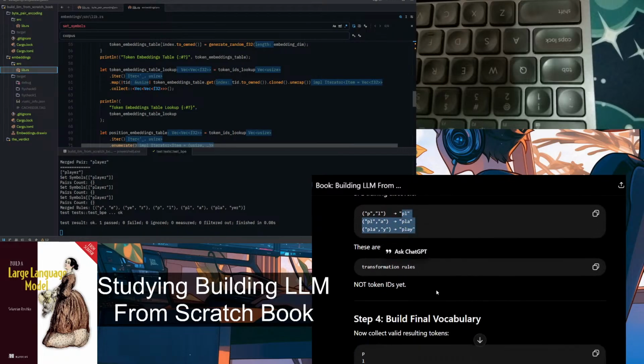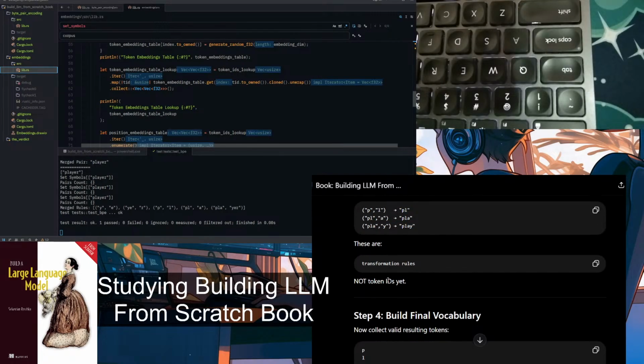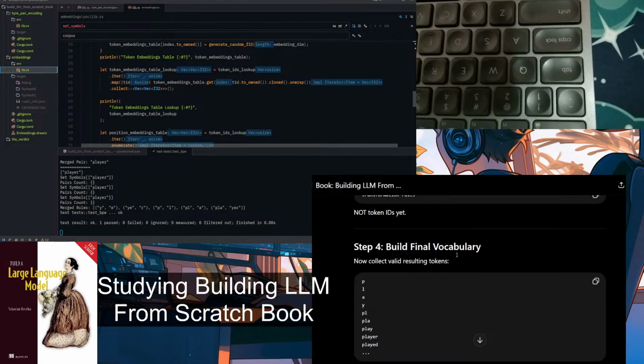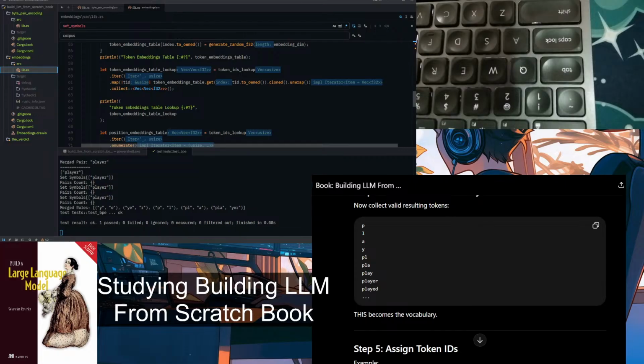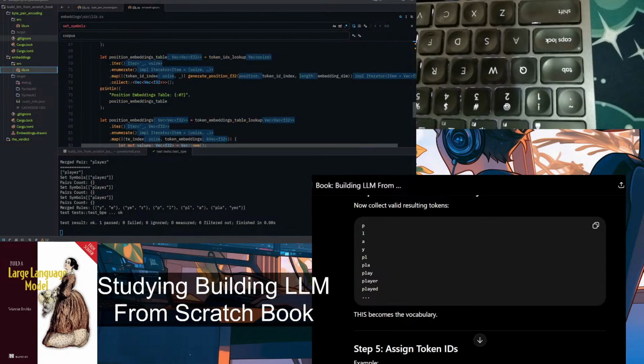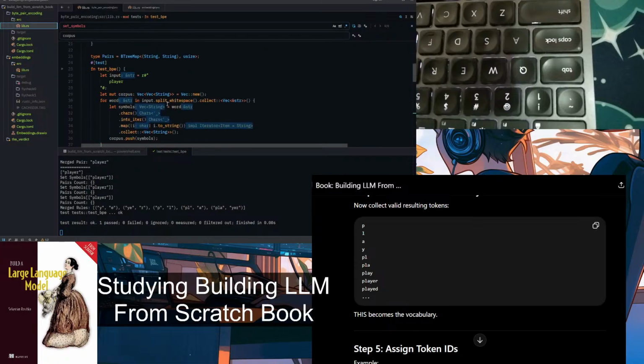So this is my merge history. Build the final vocabulary. Now collect resulting tokens. I think I got confused in the resulting token part.